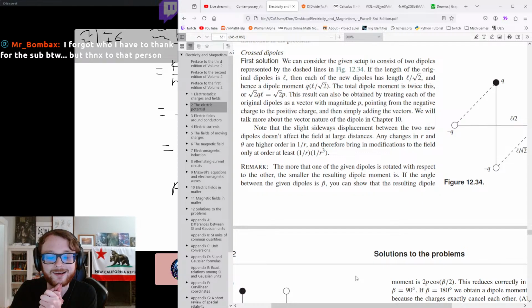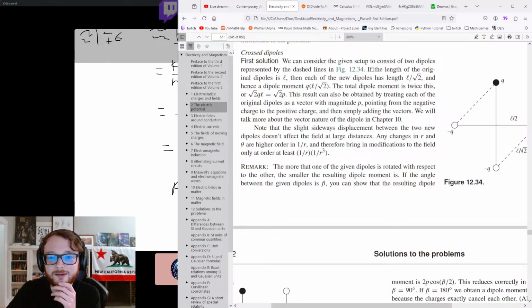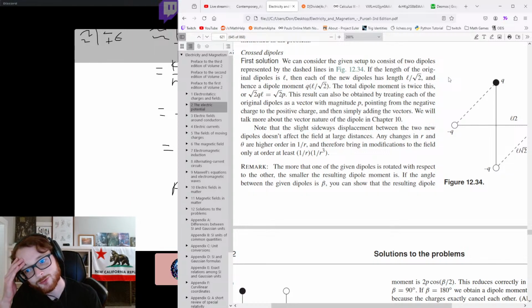Oh, that's beautiful. Well, it is root 2 p. So where does the root 2 come from? I think from the original dipoles, that 45-degree angle. Oh, yes, because it's L over root 2 for the new length if you treat them diagonally.